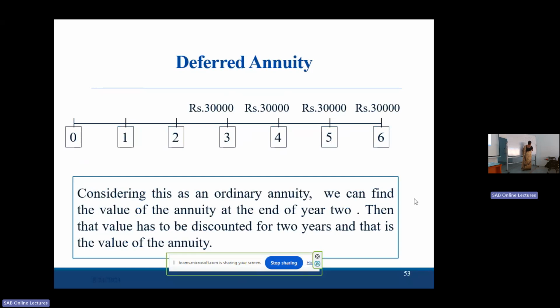So n is 4, divided by r, 13%. Now this is the annuity due, so you have to multiply this ordinary annuity factor by 1 plus r to make it a due. So what is the value here?